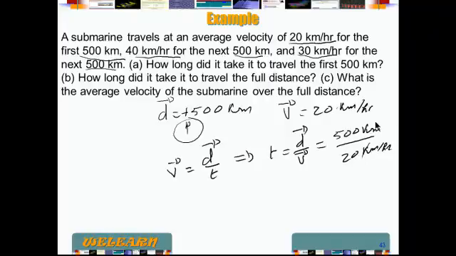The kilometers cancel out as a unit, and we get 25 hours. Quite a long time. A little bit longer than a day.